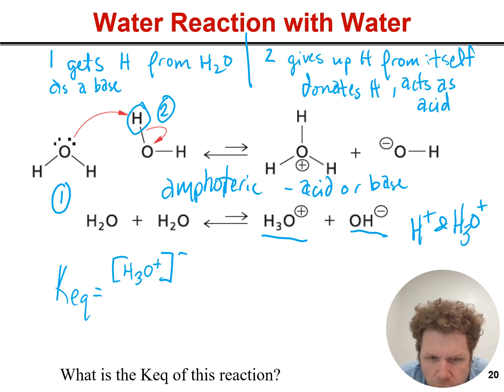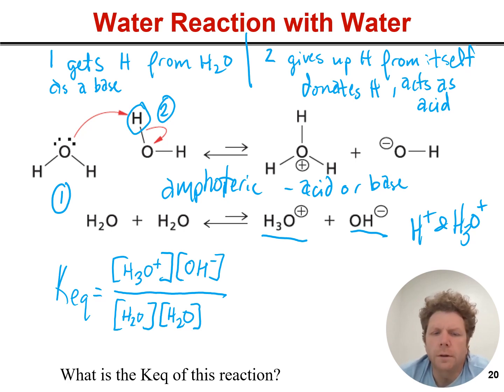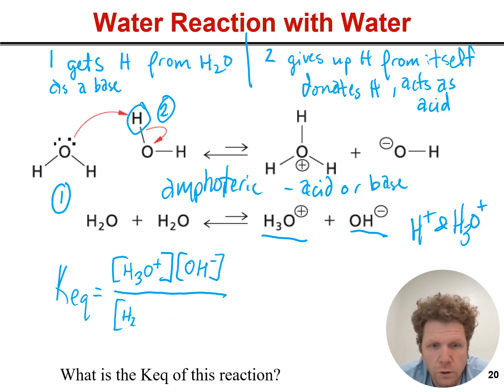Then I divide this by the concentration of my reactants, H2O and H2O. And then I say, aha, but in Gen Chem 2, I learned that I do not have to include H2O, or a solid.